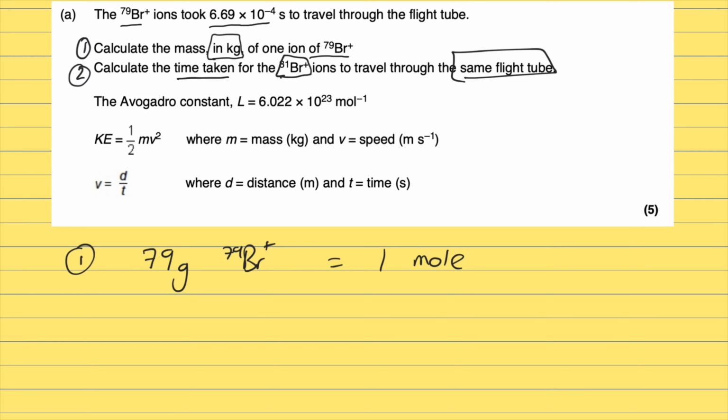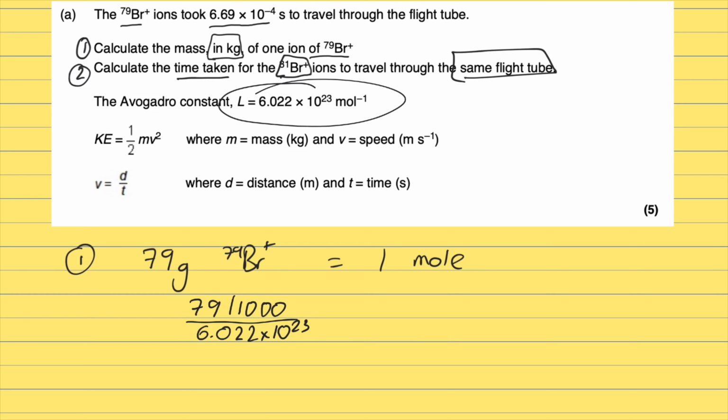We're being asked to give our answer in kilograms. So we need to do 79 divided by 1000, which gets our answer into kilograms, divided by Avogadro's number, which is 6.02 × 10^23, which we're given here. That will give us the mass in kilograms of one isotope, which is 1.31 × 10^-25 kilograms. Okay, so that's part one done.